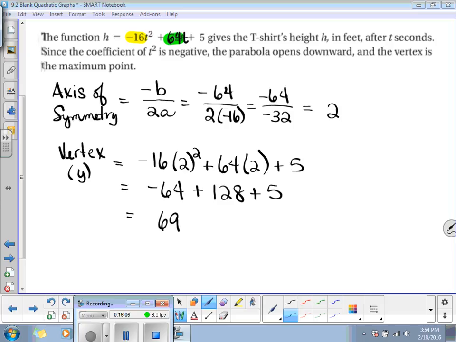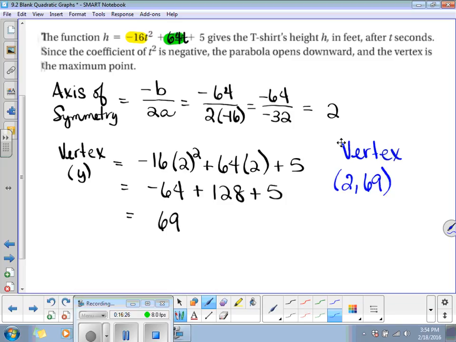All right, so the y value for our vertex is 69. So what is my vertex? x comma y is 2 comma 69. So here, 2 comma 69, there you go. There is your vertex. Now you have your vertex.